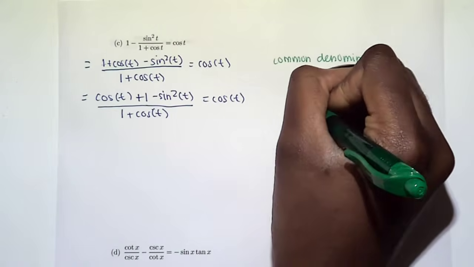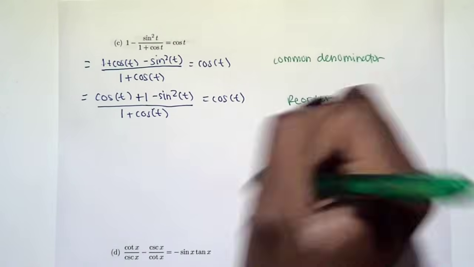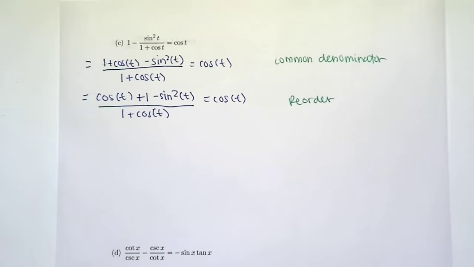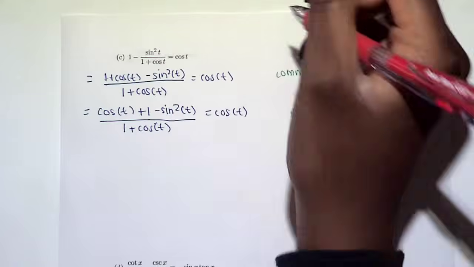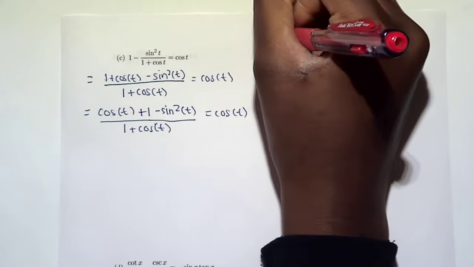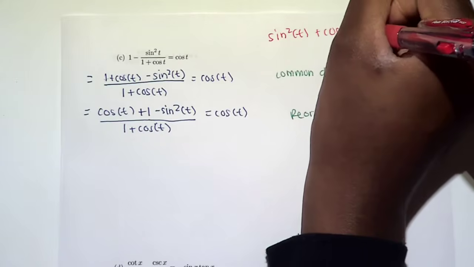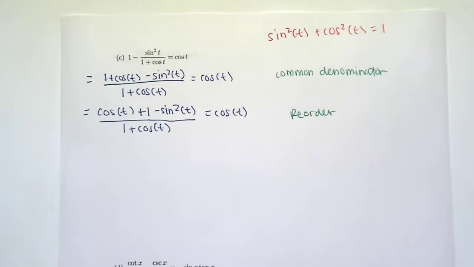I just reordered. All right, so here's why I think this is helpful. I saw a square in this problem. This tells me I'm probably going to be able to use sine squared t plus cosine squared t equals 1.